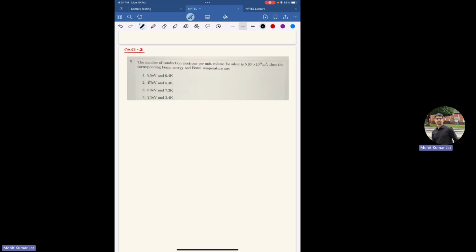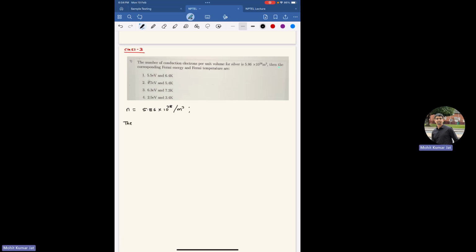So let's solve it. We know that the carrier density in the given question is 5.86 into 10 power 28 per meter cube, and the question asks for the Fermi energy.